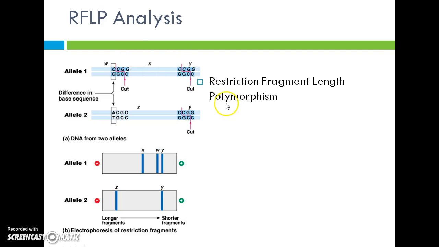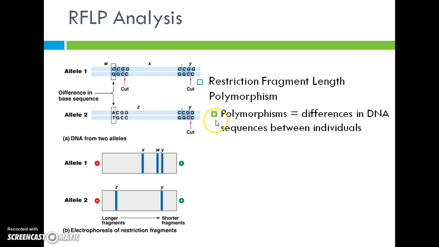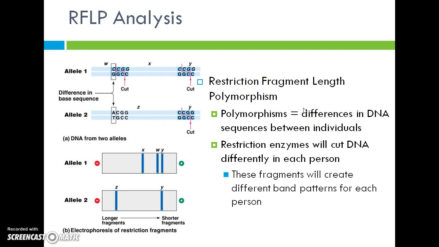And we can also use this idea to analyze our restriction fragment length, and that deals with polymorphisms. Now, a polymorphism is a difference in our DNA sequence between individuals. So remember, guys, because each person has different DNA, the restriction enzymes are going to cut the DNA differently in each person because everyone's A's, T's, G's, and C's have a different sequence.